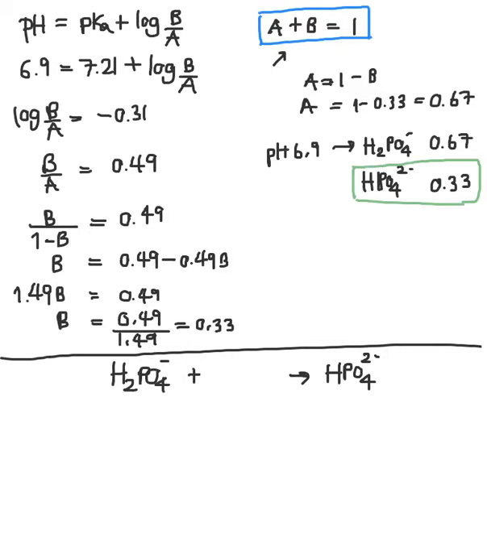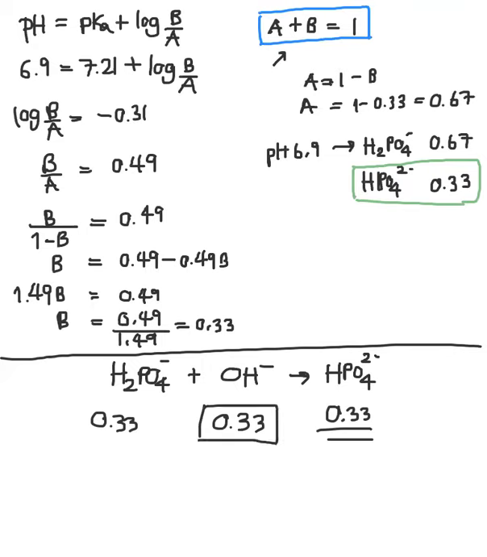So if you want to make 0.33 equivalents of HPO4 2 minus, it means that you need 0.33 H2PO4 to react with 0.33 hydroxide ion to make 0.33 HPO4 2 minus here. So for this step, we need 0.33 equivalents of hydroxide ion.